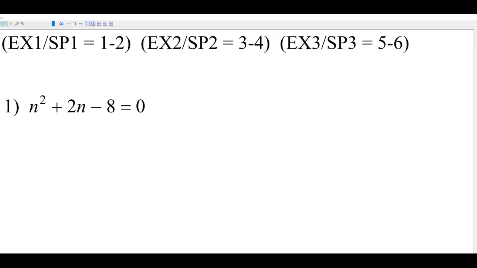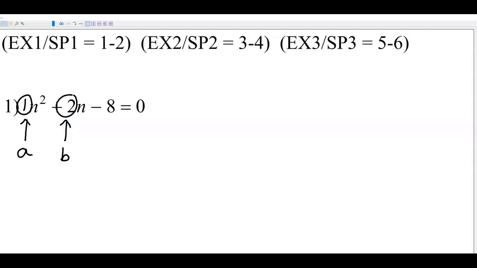So here we go. Step 1, you want to identify your A, your B, and your C, because that's in the formula, right? So the number in front of the n squared is your A. Now you'll notice there's no number there, but that just means it's 1. So let's write that, draw an arrow there, and say, okay, that's 1. That's A. The number in front of the n is the B. That's the one that's next to the first degree power there.